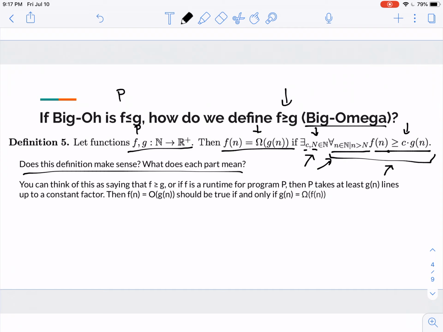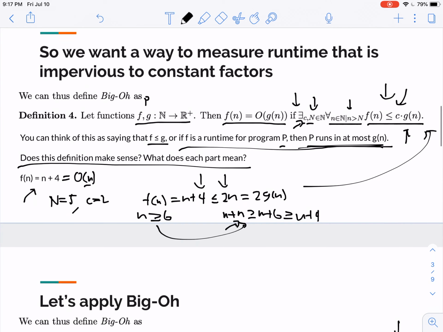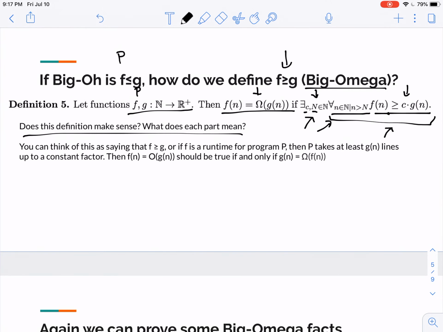So if f is big O of g of n, then if we go back a couple pages, that's like saying f is less than or equal to g. And if g is omega of f, then that's like saying g is greater than or equal to f, right? That's what we just said. Big omega characterizes the greater than or equal to relationship.